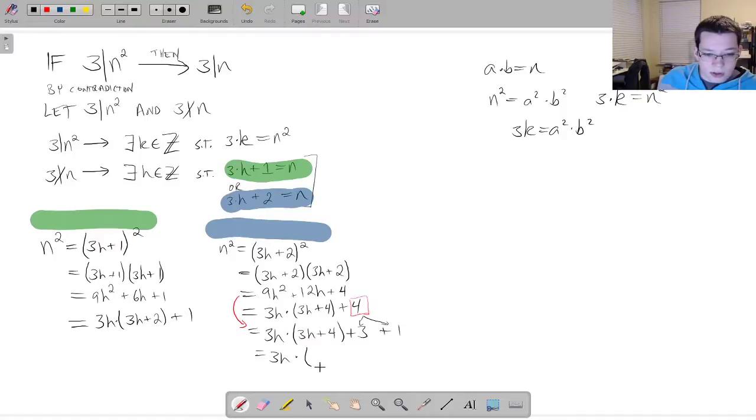But since this is also a 3, we can factor this 3 out. So we have 3h times (3h plus 5) plus 1.